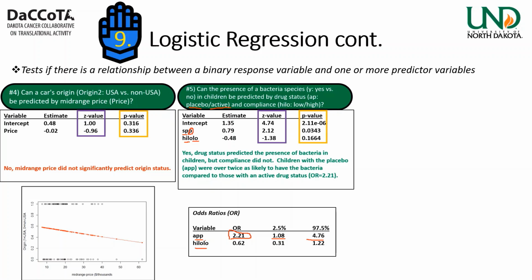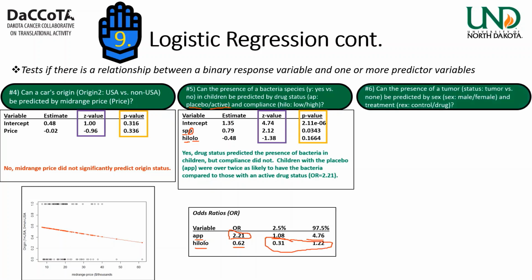Where we see here the high-low, this was lower than 1, so presumably that means the ones with low compliance have lower odds of having the bacteria, but that's not significant because it overlaps 1. Again, it takes a while to really piece these out, so hopefully this is a good start.